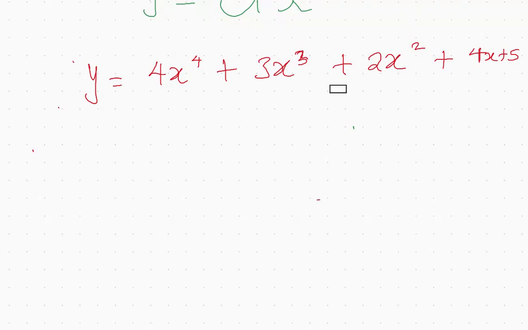So that gives you 16x cubed plus 9x squared plus 4x, plus 4, and because there's no x in the 5, it's going to be 0.